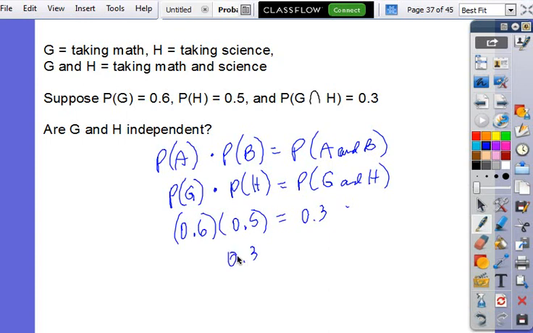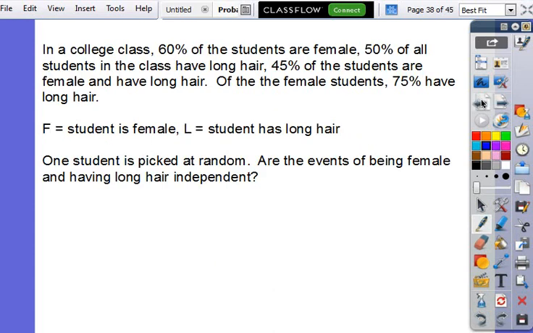So what does this mean when they're the same? Independent. That means independent. If these two numbers wind up being different, then it's dependent. How you multiply that? All right, so what you need to do on these to get it worked out is to figure out what it's asking for. So in this case it says probability of female and long hair, 0.45. So that's what I need to have.